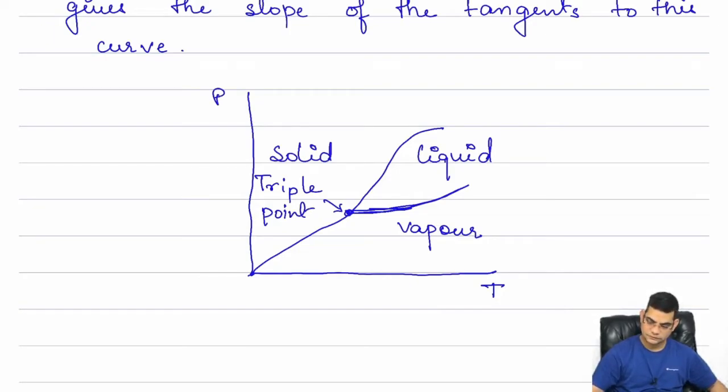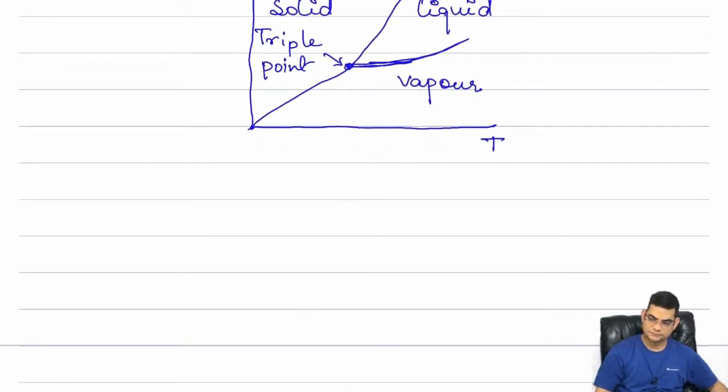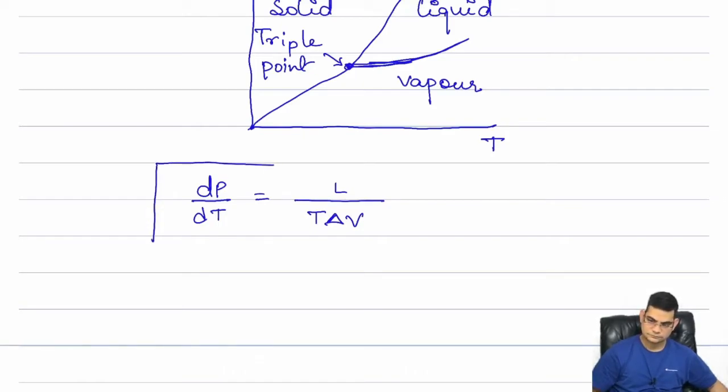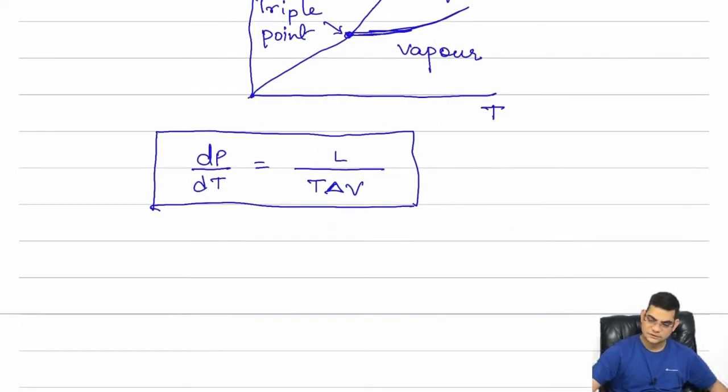Now, dP upon dT is equal to L upon T delta V. This is your Clausius-Clapeyron equation.